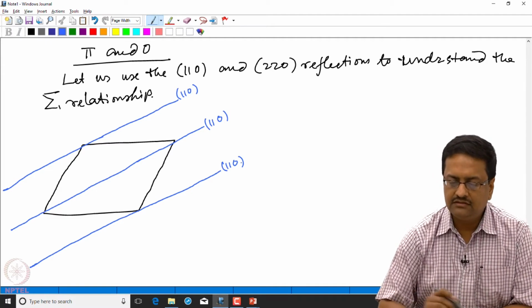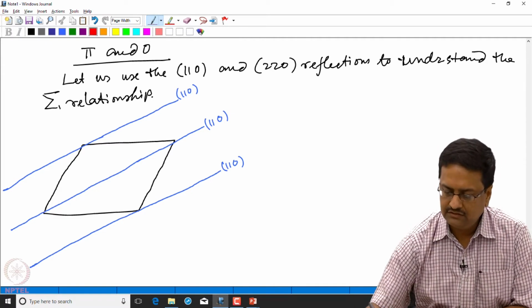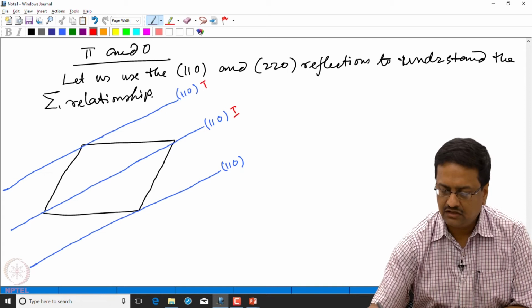We mark these lines as 1 because they are identical planes.